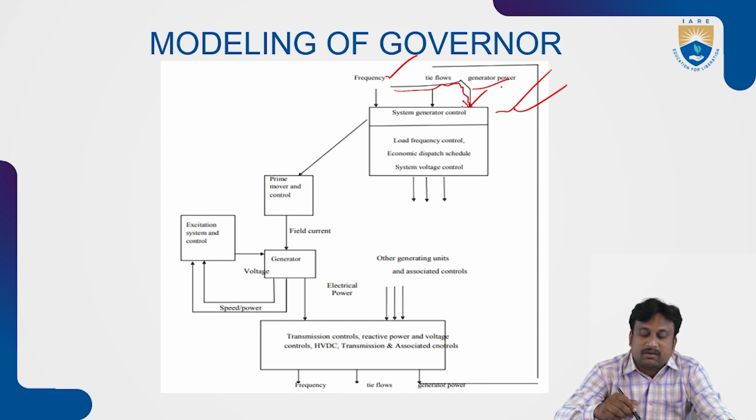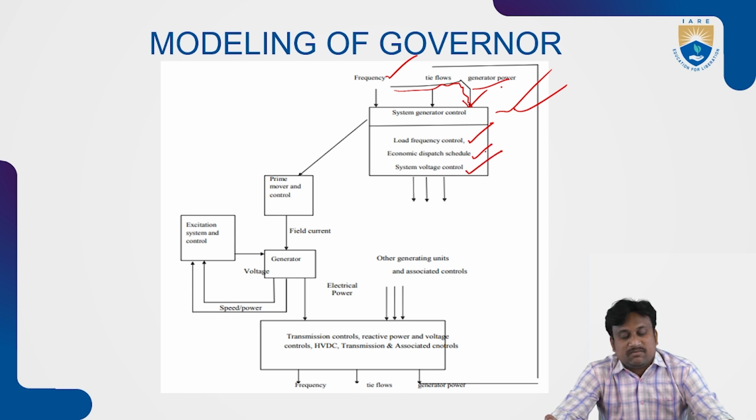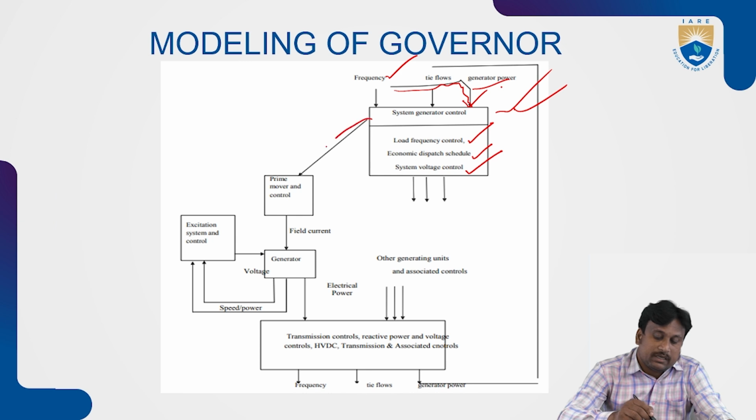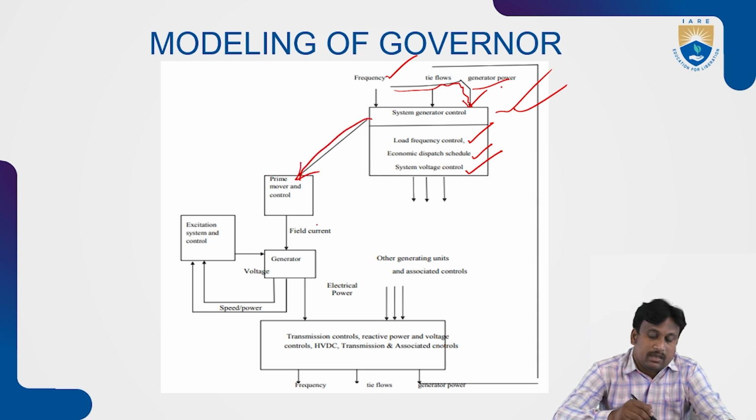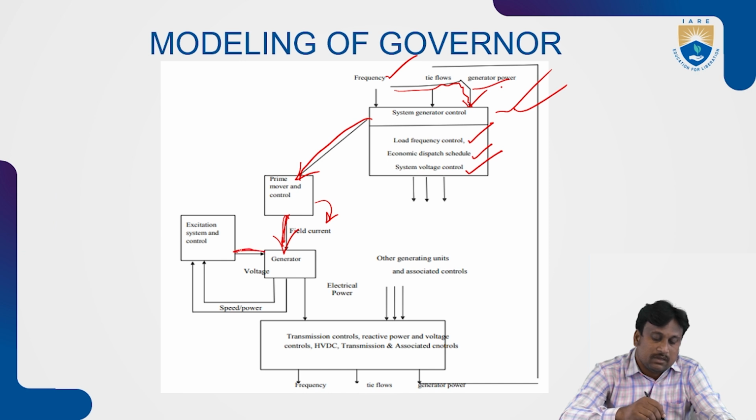This system generator voltage control is connected to load frequency control, which makes the economic dispatch schedule, and finally obtains the system voltage control. This connection is given to the prime mover to control it. Here we can expect a field current given to the generator, and the excitation system and control is given to this case.